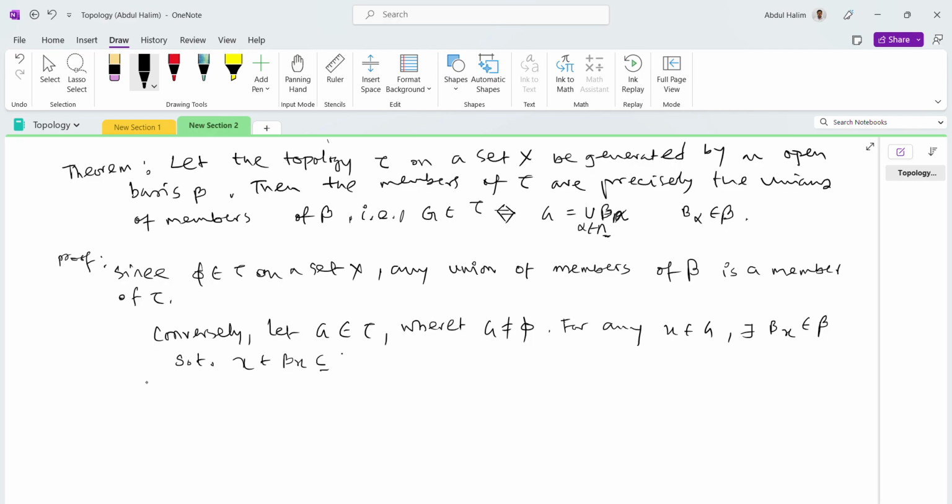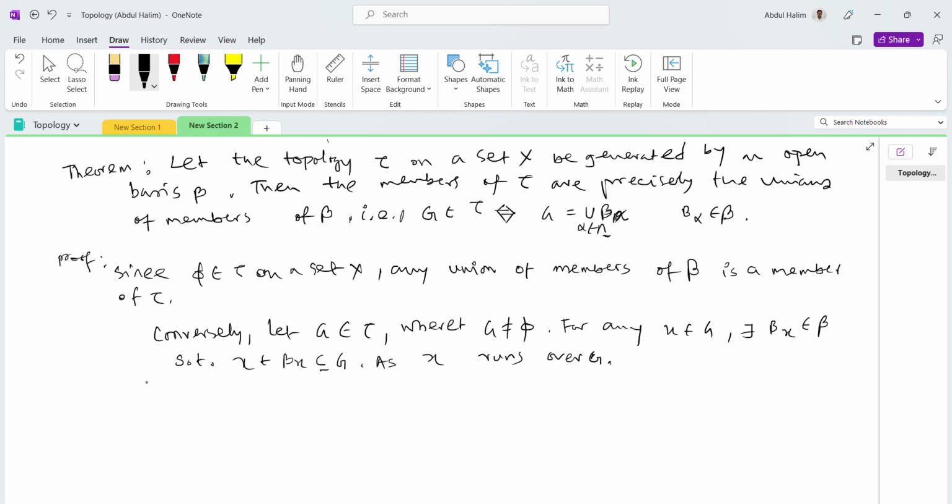Conversely, let Z belong to tau, where Z is a non-empty set.